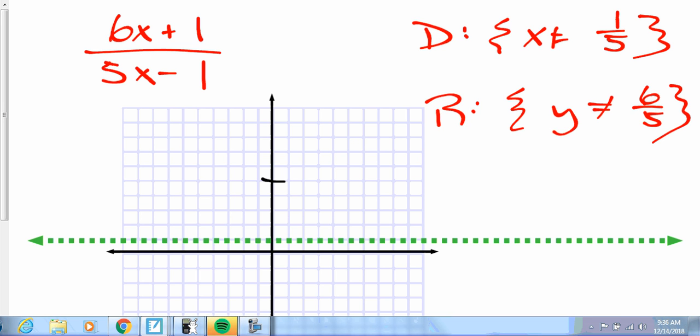This is 1. This is 2. All right, and then 1, 2, 3, 4, 5. This is 1. This is 2. And then I put a vertical asymptote where? Oh wait, I screwed up. You guys screwed. What did I screw up? Yeah, this should be a vertical asymptote, right?